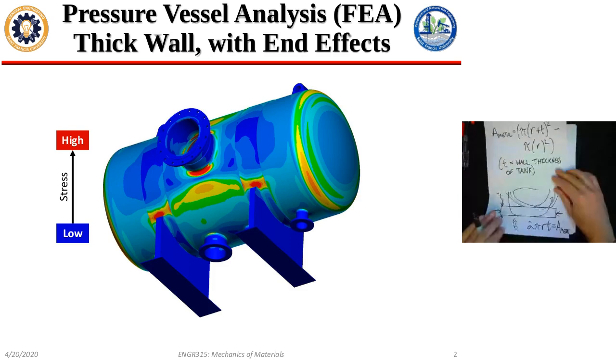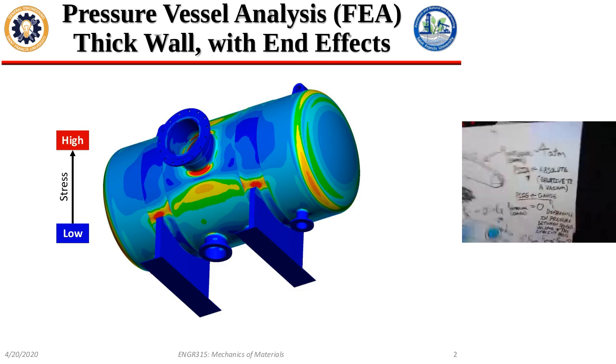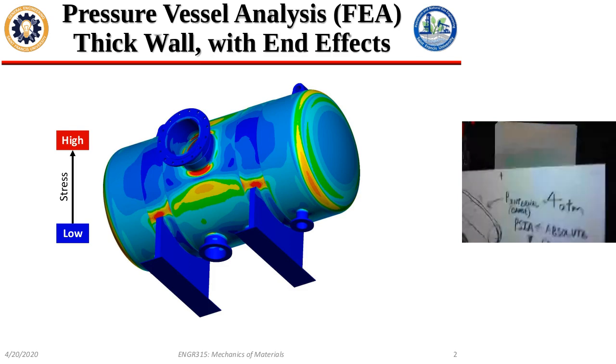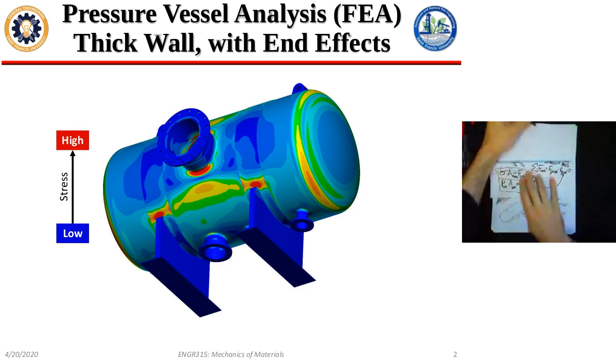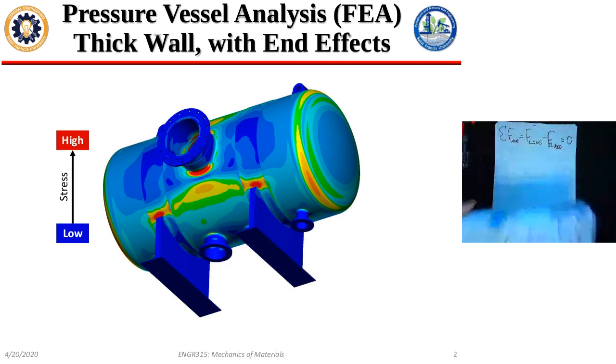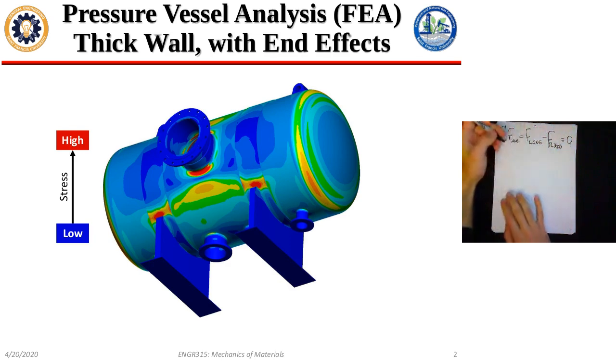All right, so if I go back to my summation of forces here, the summation of force in the longitudinal direction is F long minus F fluid. That equals 0. F long is the stress in the longitudinal direction times A metal, the cross-sectional area of the metal.